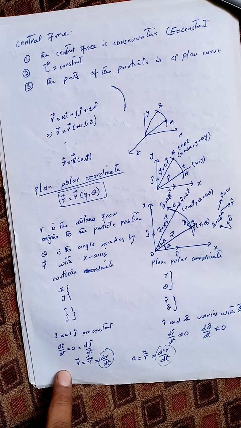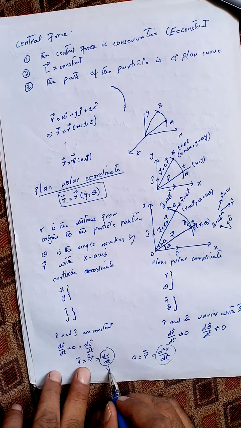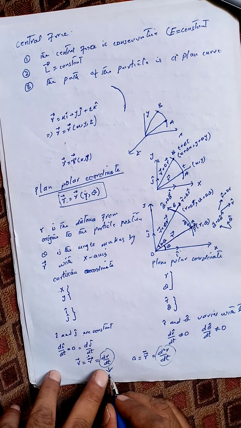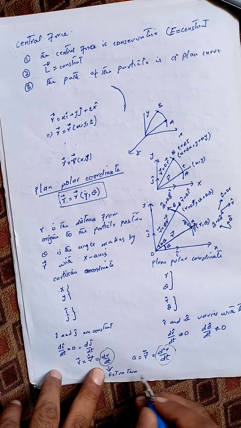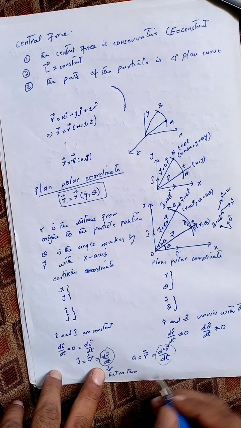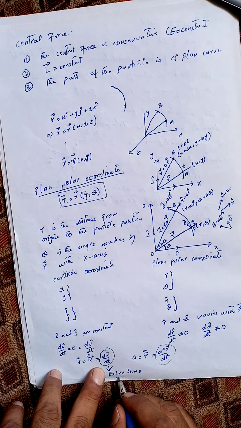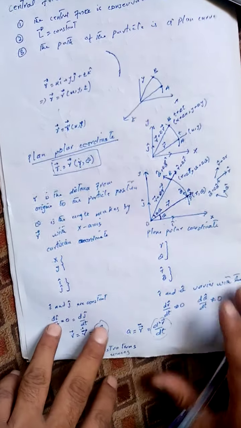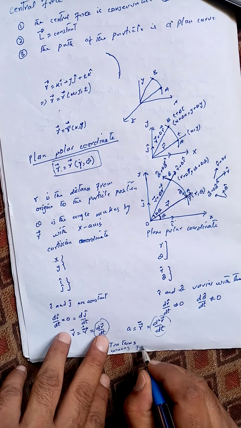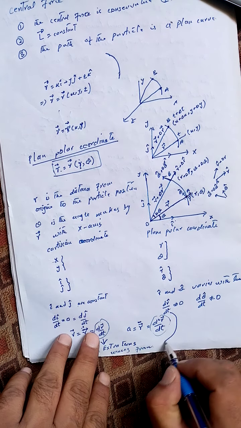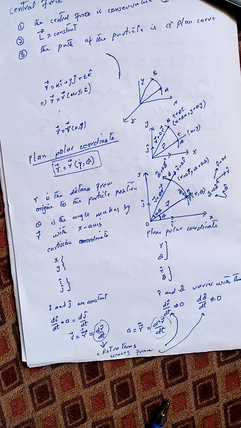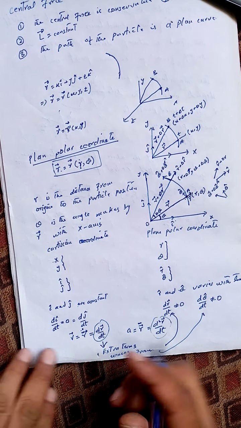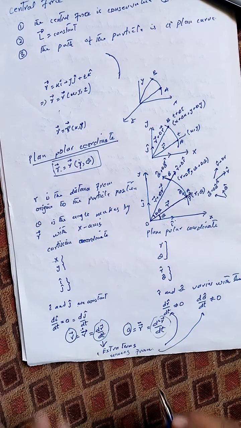But in the plane polar coordinate system, this relation contains some extra terms. And the extra terms come from these two values. And in the next video I will explain the inclusion of these extra terms in this velocity equation and in this acceleration equation.